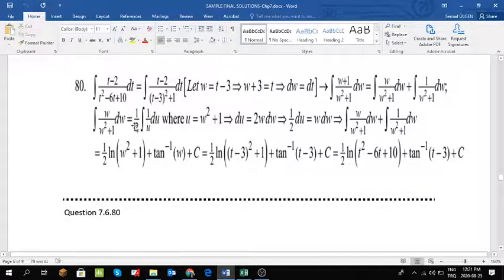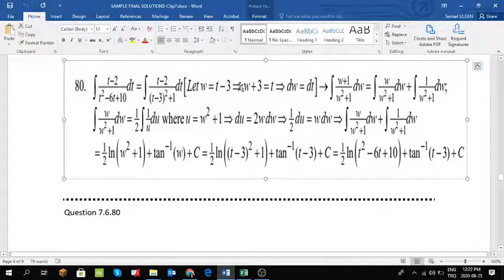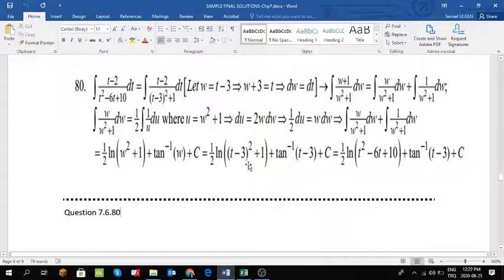So this part, the integral is 1 over 2 ln of w squared plus 1, and the integral of this one is going to be arctangent w plus c, because this is an indefinite integral. And then convert everything to t now. w was t minus 3, so put back t minus 3 here, arctangent of t minus 3 plus c. Then you can expand it if you like, or just leave it like that, no problem. That's the final answer.